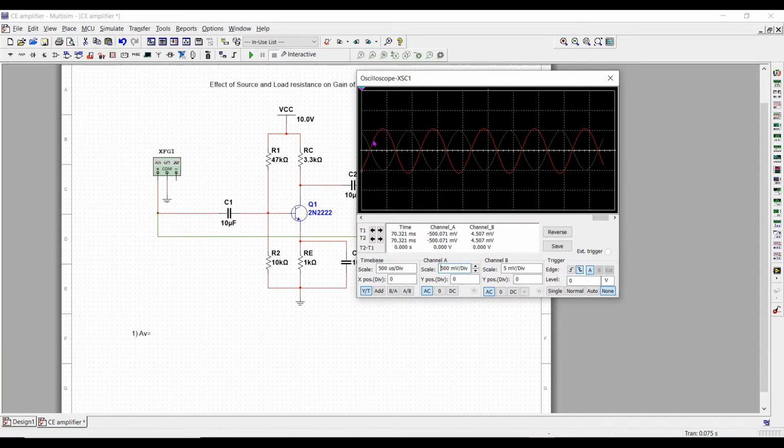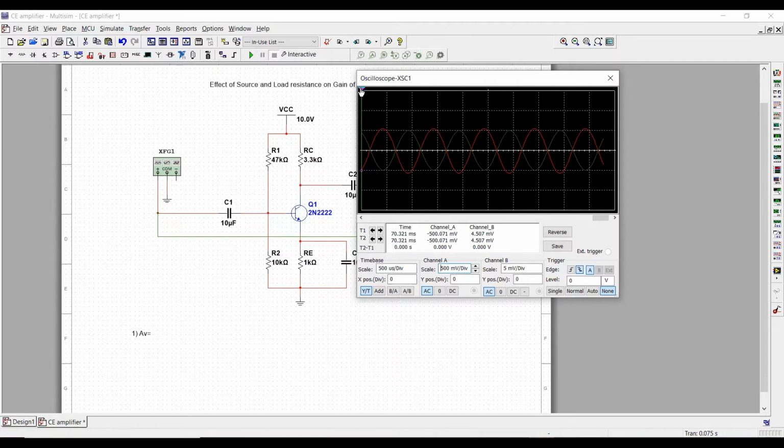The green waveform indicated is the input waveform, and the red one indicated is the output waveform. As clearly it can be seen that output is inverted version of the input. That means there is a phase shift of 180 degrees.